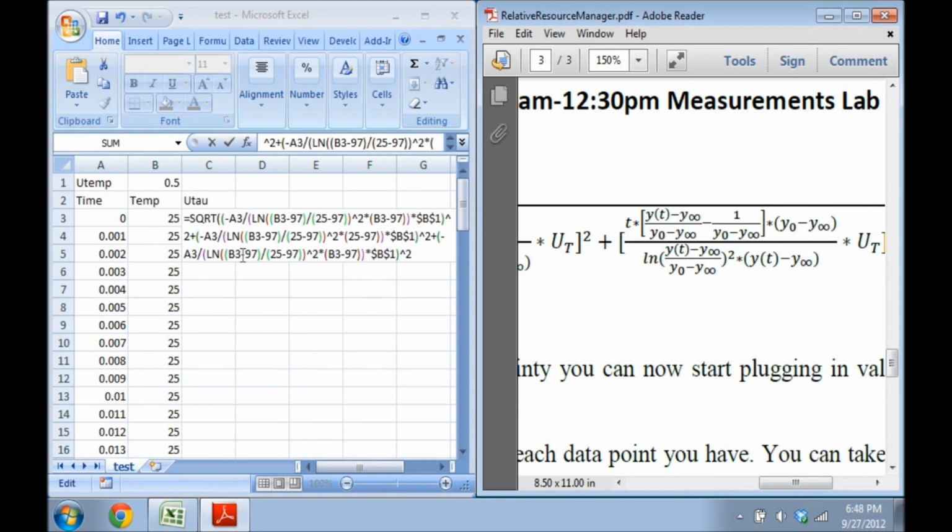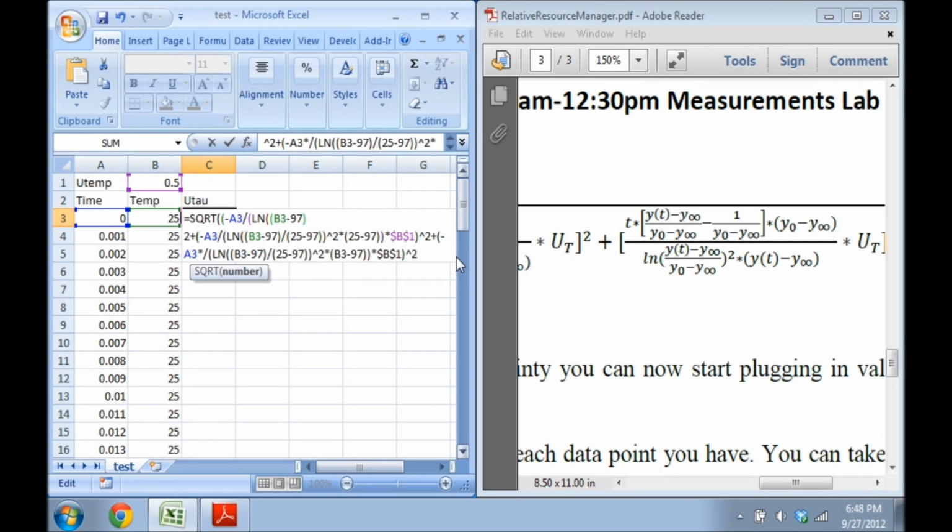And now this one I'm going to have to do a lot of editing to. So I'm still having minus temperature times parentheses, another parentheses, my temperature itself at the given time minus y infinity, which is 97, divided by 25 minus 97, my initial minus the final, minus 1 divided by the initial minus the final, which is 25 minus 97.